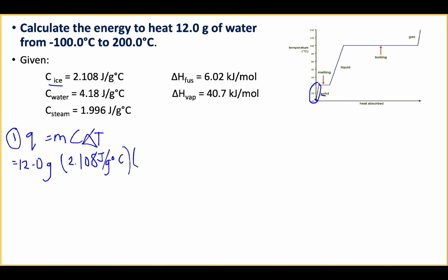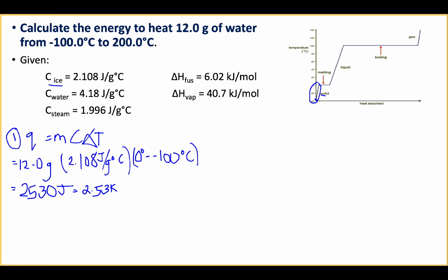So that would be final minus initial, so 0 degrees Celsius minus negative 100. This will give you a value of 2,530 joules. Or in kilojoules, it will be 2.53 kilojoules.